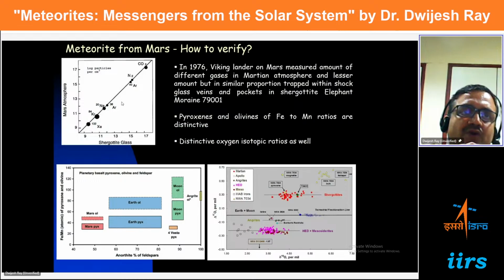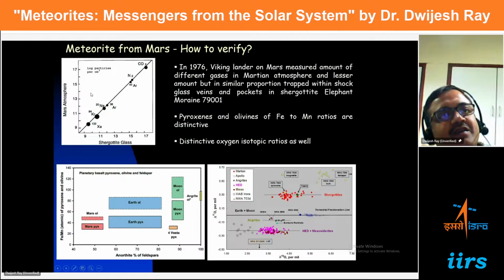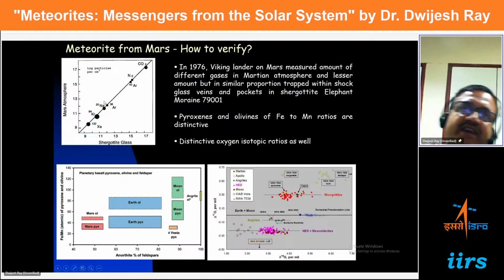When we measure the atmospheric composition, like the noble gases xenon, argon, neon, krypton, we have data from the laboratory, and we also have data from the Viking lander which explored Mars in 1976. And we will have a very good match if the sample has really come from Mars.